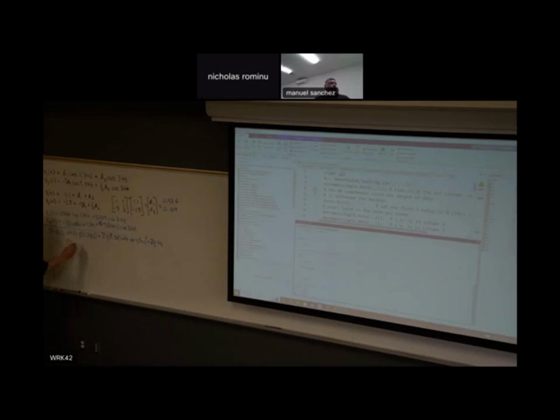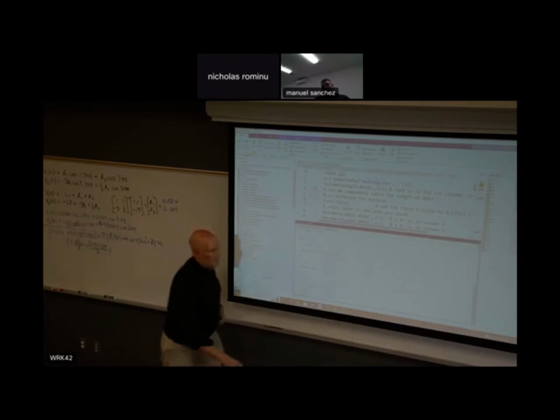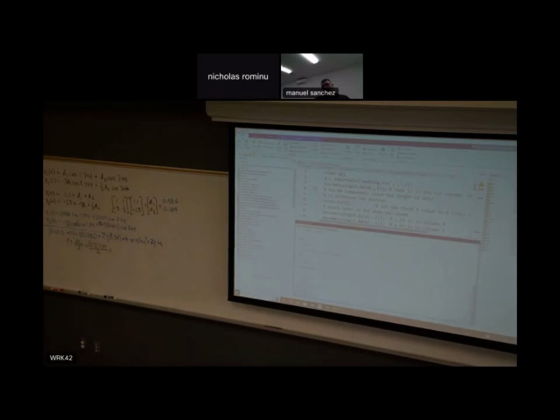So zeta is equal to beta omega over 2. So it's 0.3 times 1.34 over 2. So zeta is 0.2.